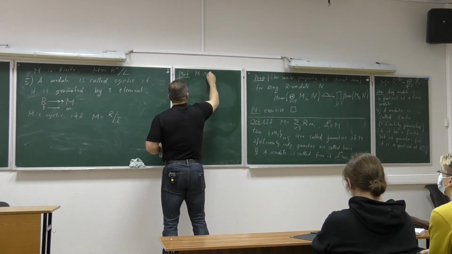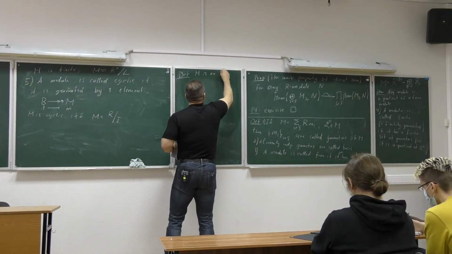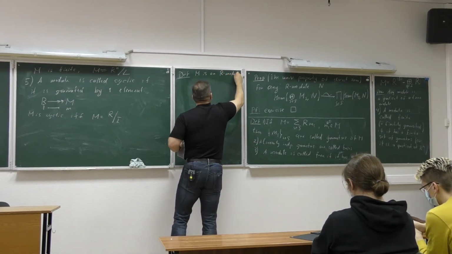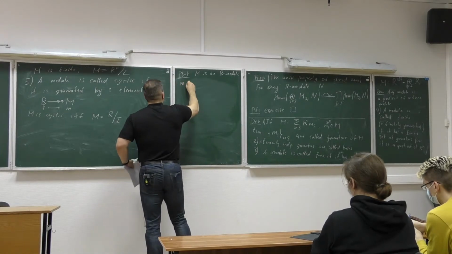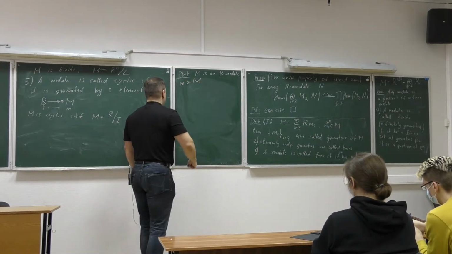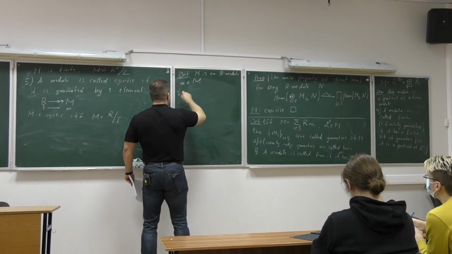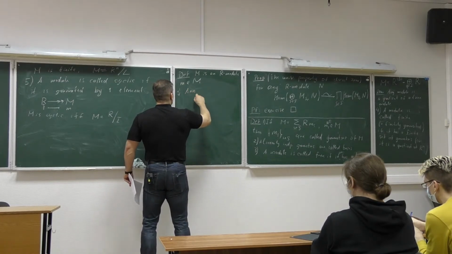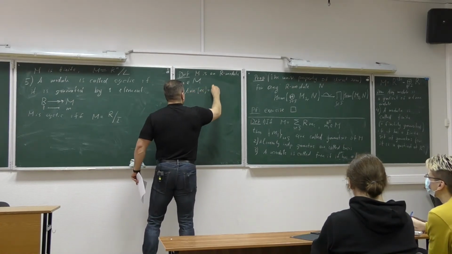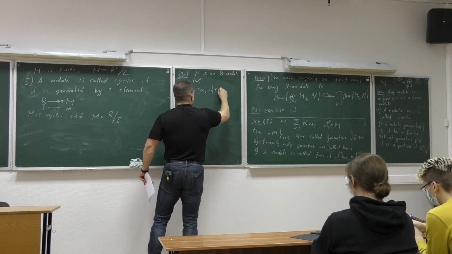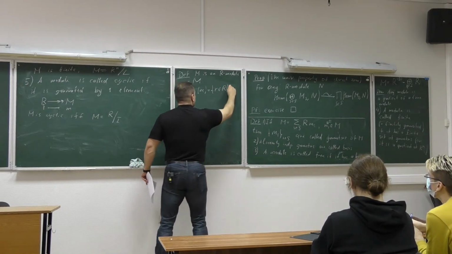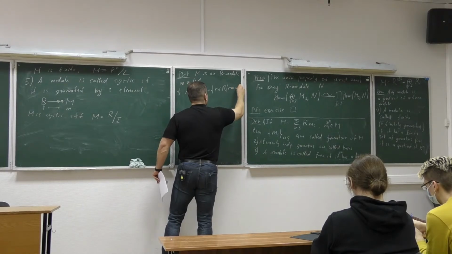So M is an R-module, and m is an element in this module. The annihilator of the element m is by definition all elements r in the ring such that the product rm is equal to 0.